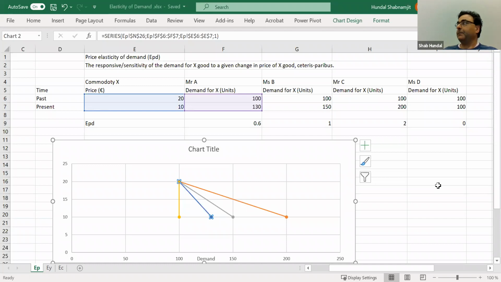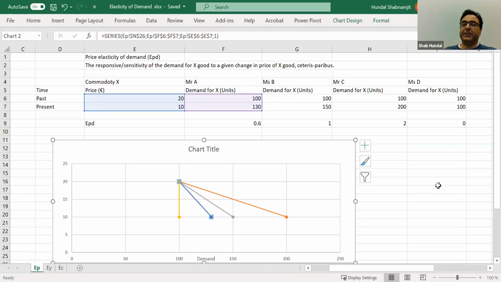It means that when there is a change in the price by 1%, there is a change in the quantity of X good demanded by 0.6%. Of course, his demand increases, but the increase or the change in demand, 0.6%, is less than the 1% change in the price.